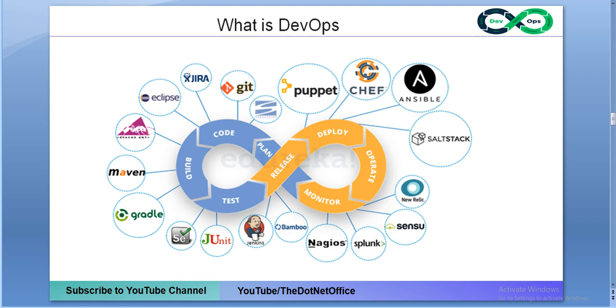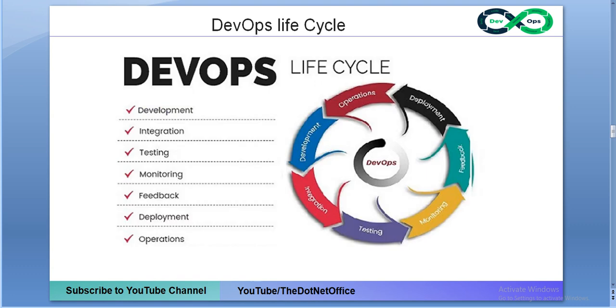So they should have knowledge of every tool. That is only what is called a full DevOps developer. So that is about DevOps. And now we will see what the DevOps life cycle is which we use, and based on that, we will see how it is useful in real time.